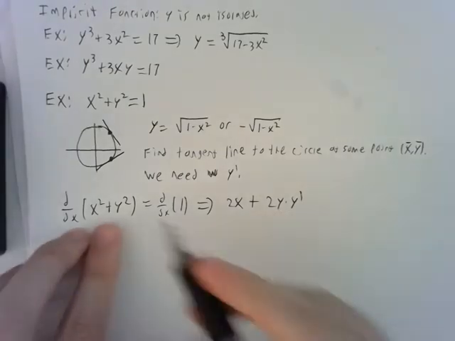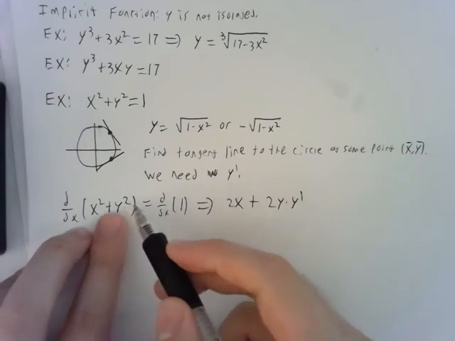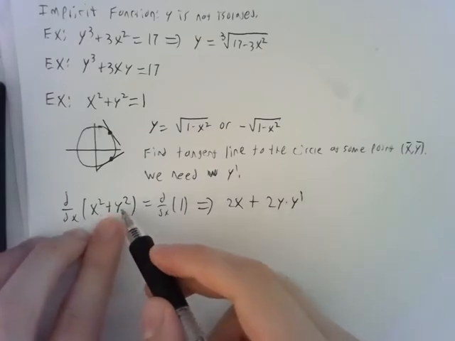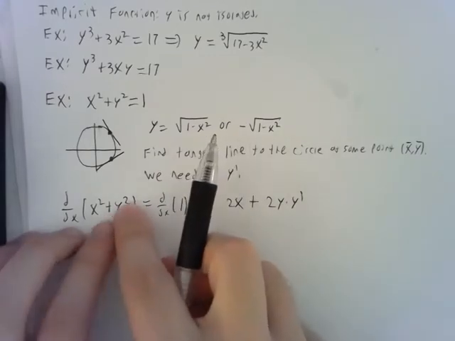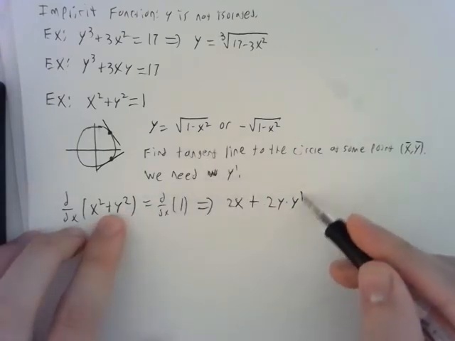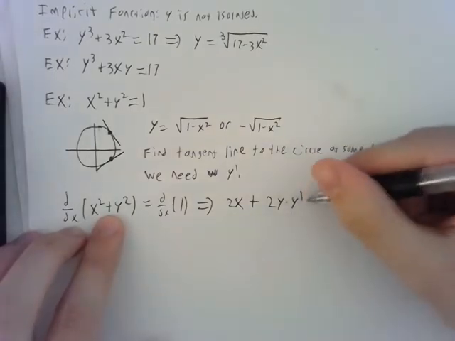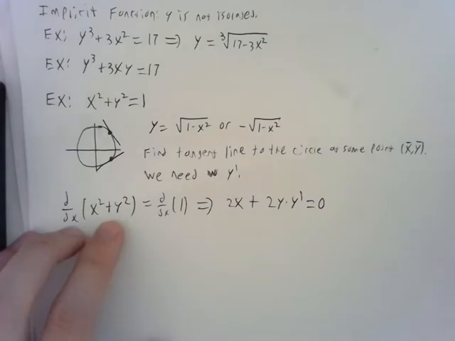We get the 2y because the derivative of y squared gives us 2y by the power rule. But y is itself a function of x. There's something inside the square which is itself a function, and therefore by the chain rule we have to multiply by the derivative of the inside function, which is y prime. And this should all be equal to 0.